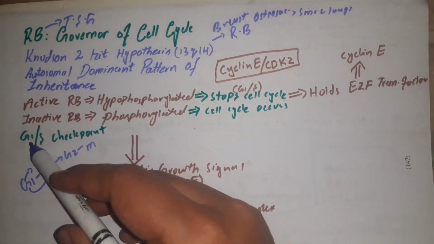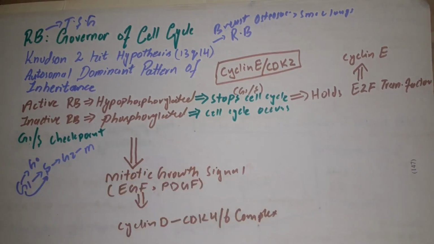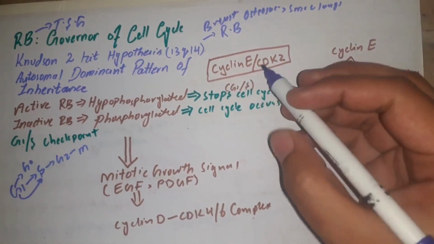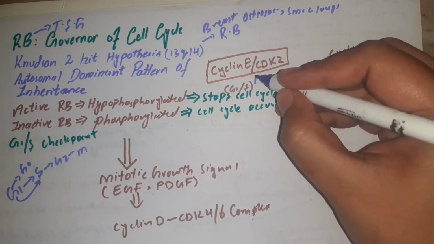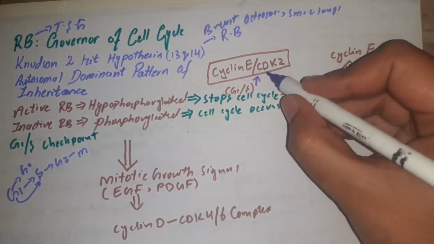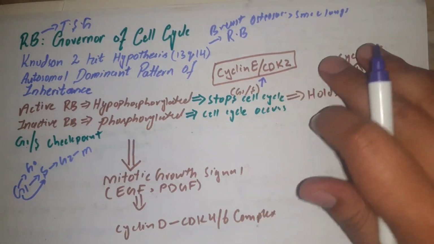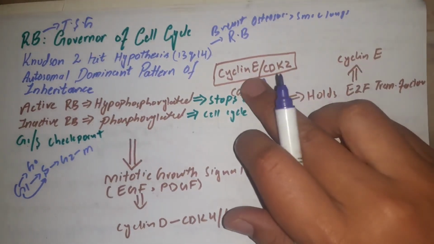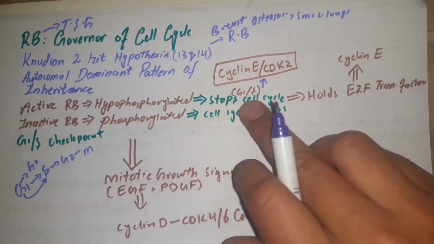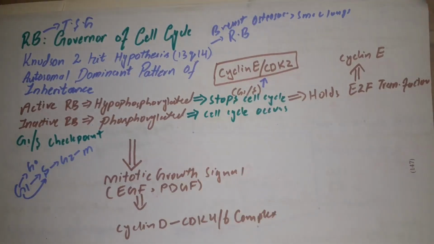This transition from G1 to S phase requires a protein complex which is called cyclin E and cyclin dependent kinase 2 complex, or cyclin E CDK2 complex. This complex is mandatory for G1 to S transition. What does retinoblastoma do?